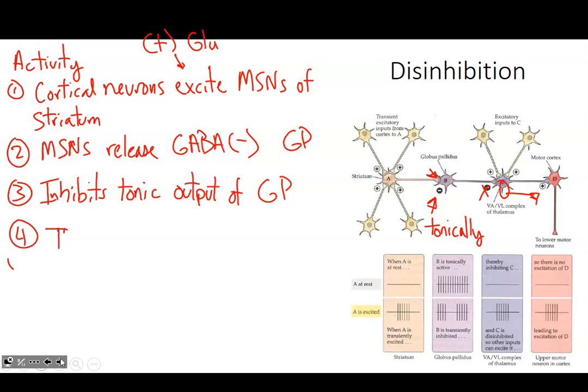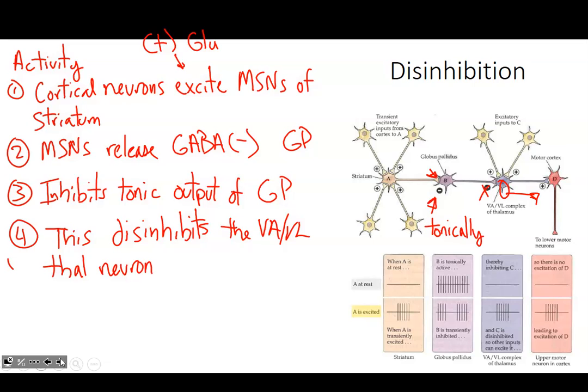This inhibition of GP neurons disinhibits those VA, VL thalamic neurons, and so now it can excite an upper motor neuron.